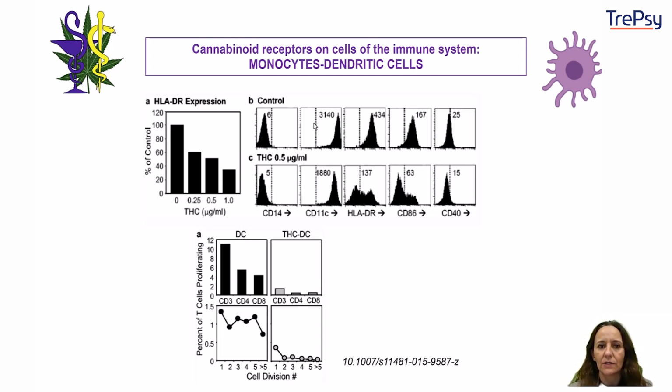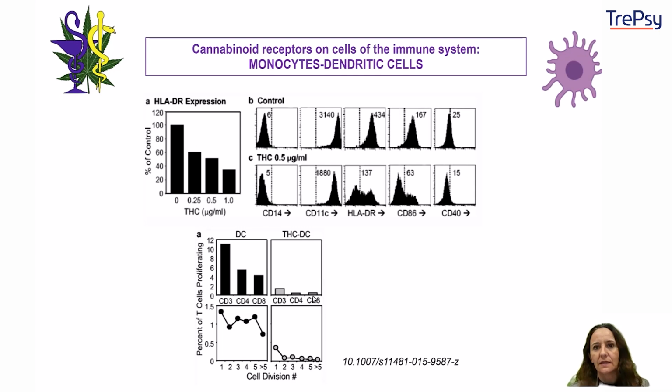If we have a look at the control and at the addition of tetrahydrocannabidiol, we can observe that this ligand can make a reduction of all the molecules that can be considered pro-inflammatory in the cells. Also in this molecule we can see a reduction of the expression when we are increasing this ligand addition to the cells. Same thing here with T cells.